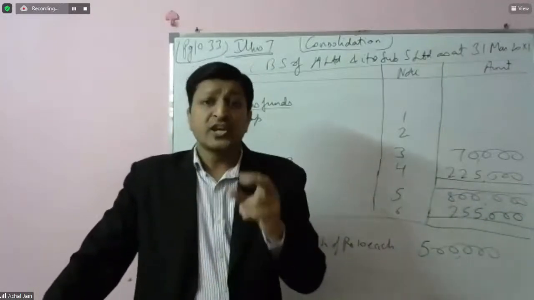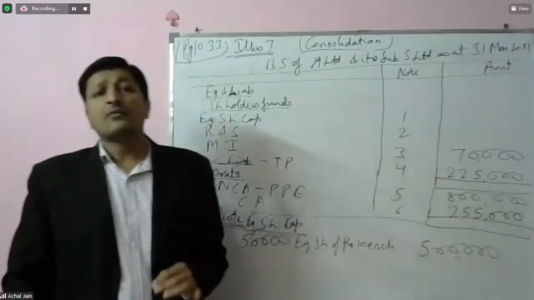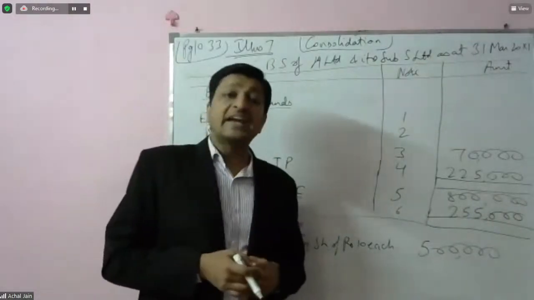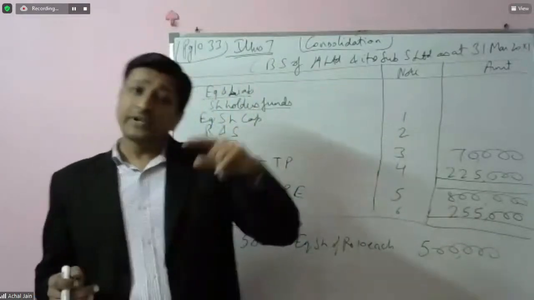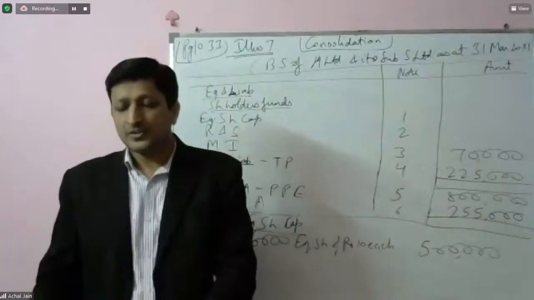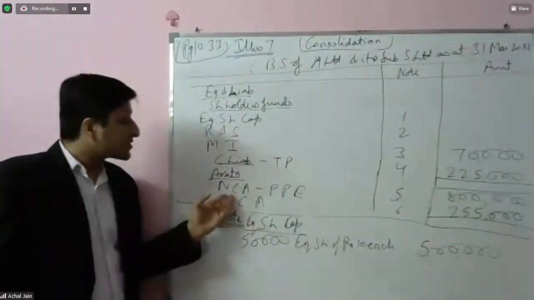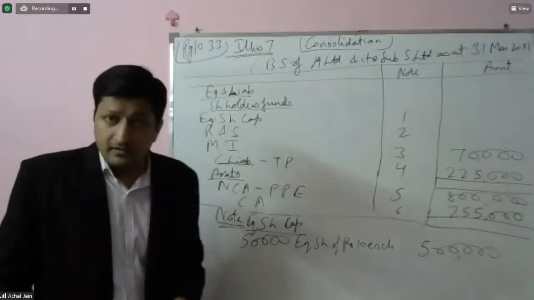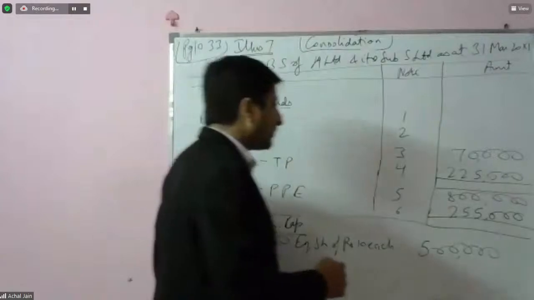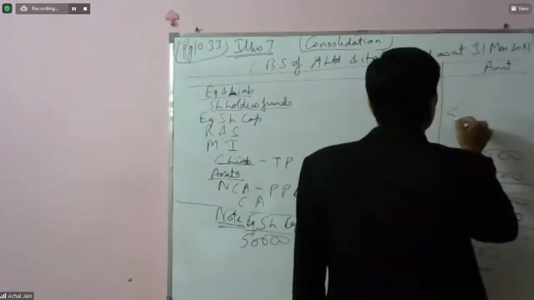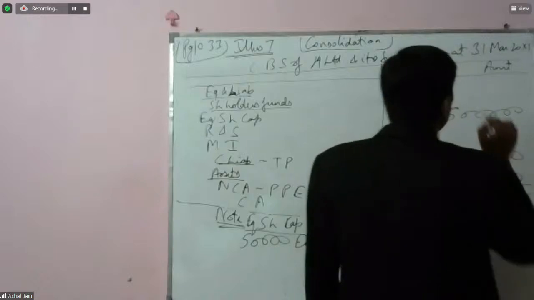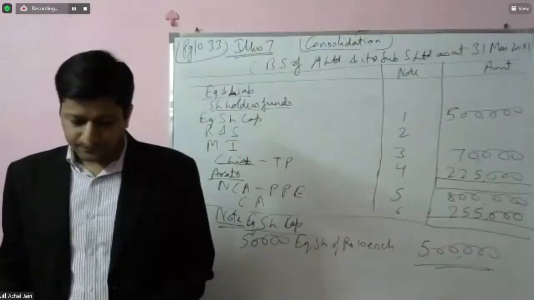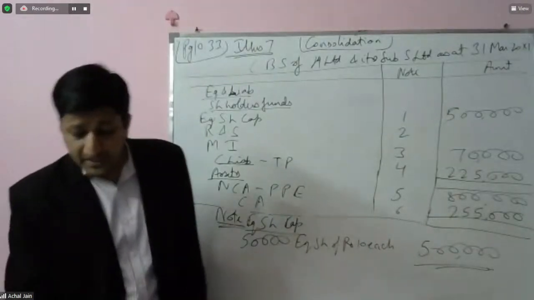Number 2, the share of majority has also been picked up while computing goodwill or capital reserve. So it's not there anymore. And anyway, this capital of S will get knocked off with the investment of H. So that's why you don't see any investment over here. Can you see any line item for investment? No. Clear? So that's why the capital will be limited to 5 lakh in the series. Clear? Okay. Next will be the reserves.